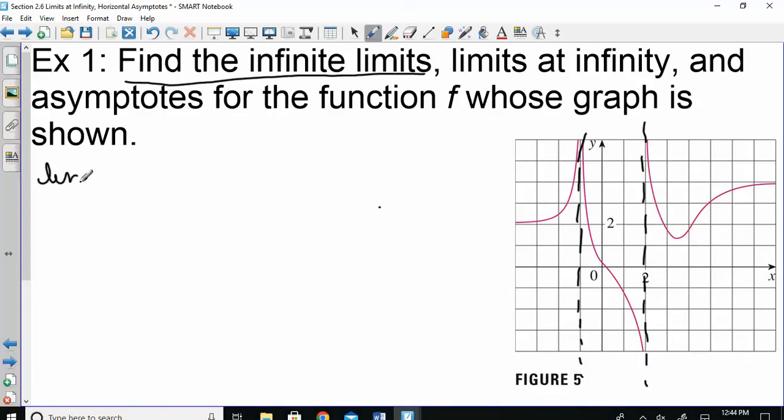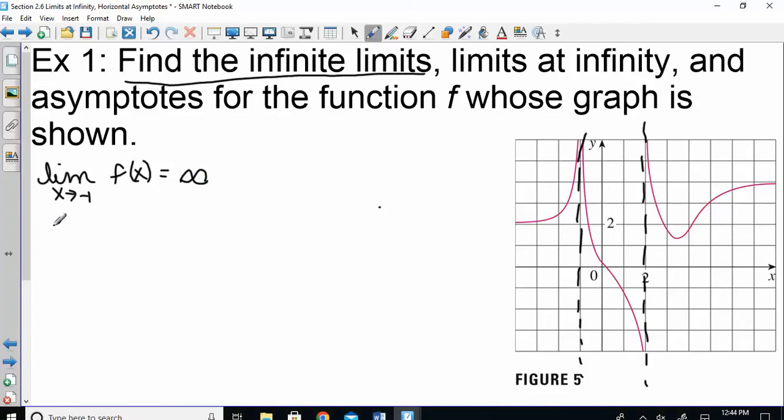So I could say the limit as x approaches -1 is equal to what? Positive infinity. Can I just do a single limit as x approaches 2?